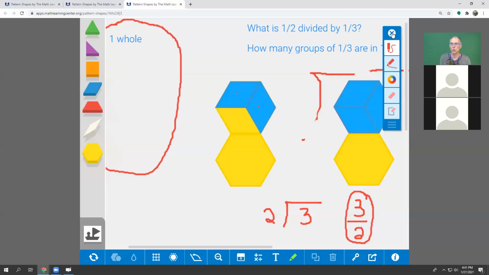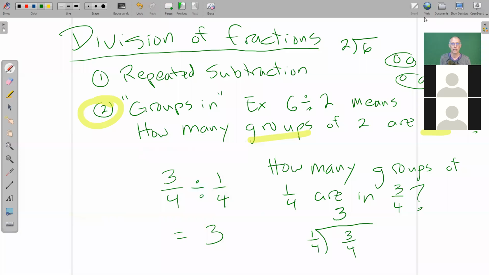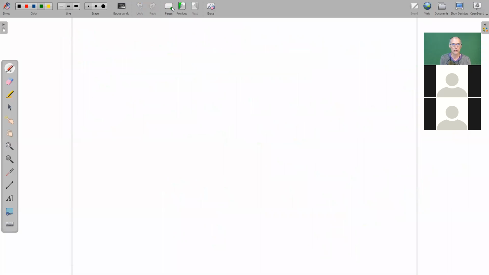There's my drawing board. I always thought this was kind of cute for division. Again, the problem: this one was 1/2 divided by 1/3.